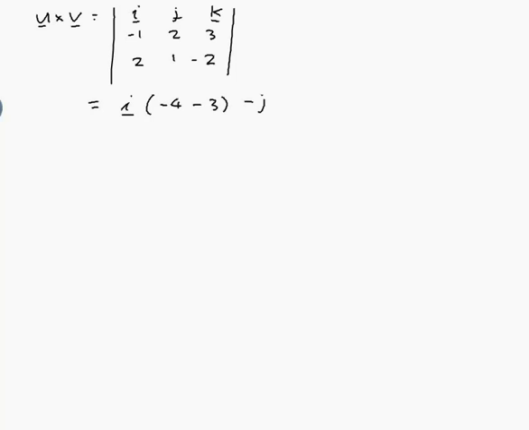Minus j times -1 times -2, which would be 2, minus 2 times 3, plus k times -1 times 1, which is -1, minus 2 times 2, which is 4.